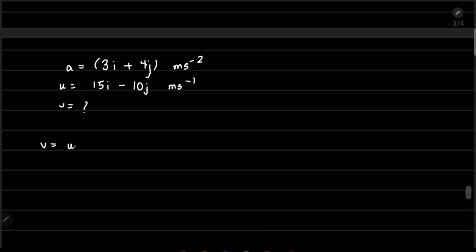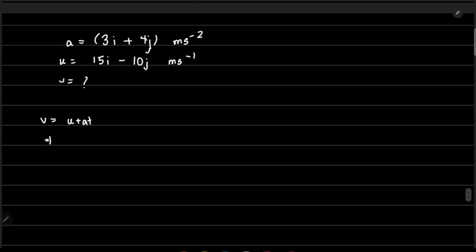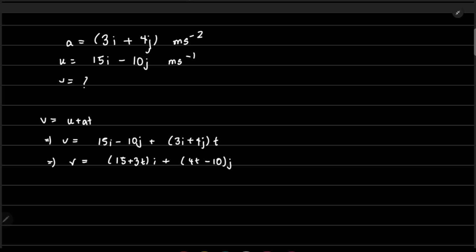We can just use v equals u plus at over here, or if they want the displacement, we can just use ut plus half at squared. So if they want the final velocity, we'll use 15i minus 10j plus 3i plus 4j times t, and then calculate v, which would be (15 plus 3t)i plus (4t minus 10)j.